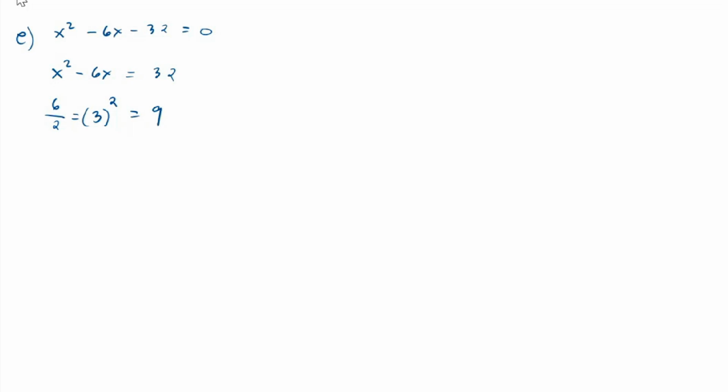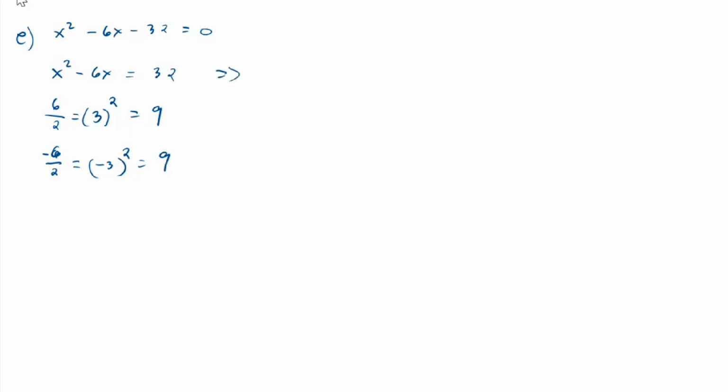Or if you like to carry the sign, we can write negative 6 over 2, the quotient is negative 3, then the square of negative 3 is still 9. So the answer is just the same. The number to be added now is 9.